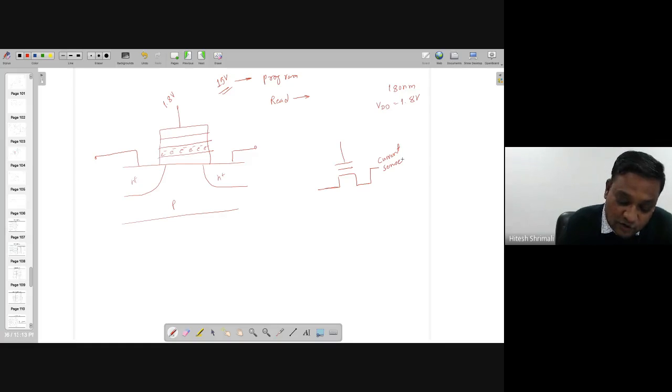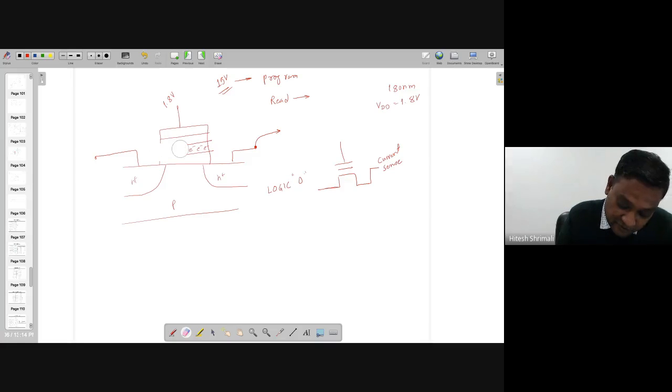If you apply voltages so that current flows from here to here, and you can read it here, then it's 1. But because of this electric field available vertically, it will hinder this, and nothing will be read over here, so it will read as logic 0.